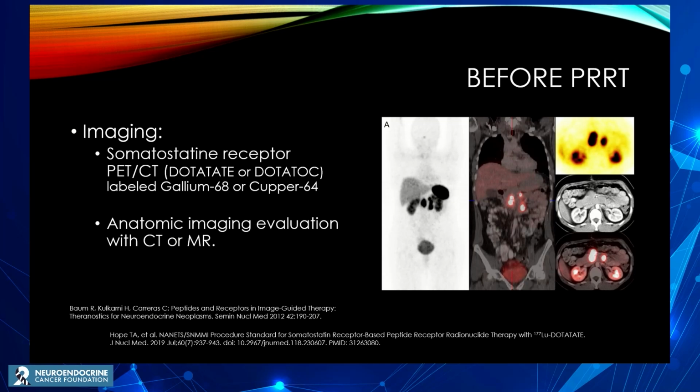We also need an imaging study called PET-CT, and the radiopharmaceutical used for imaging is dotatate or dotatoc, labeled with gallium-68 or copper-64. This is also important because with this we can ensure that the patient will receive enough energy, or treatment, or beta particles after treatment.